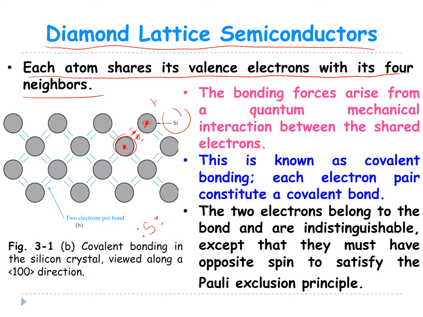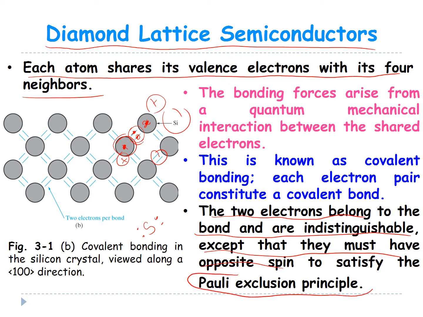So you can imagine a positive and negative, and then positive there. This is what holds the covalent solid in place. Now these electrons belong to the bond and are indistinguishable, except that they must have opposite spins to satisfy the Pauli exclusion principle. This Pauli exclusion principle is very important in the formation of bands, as you'll see as we proceed.